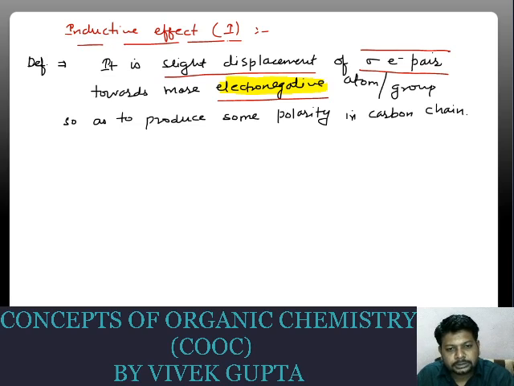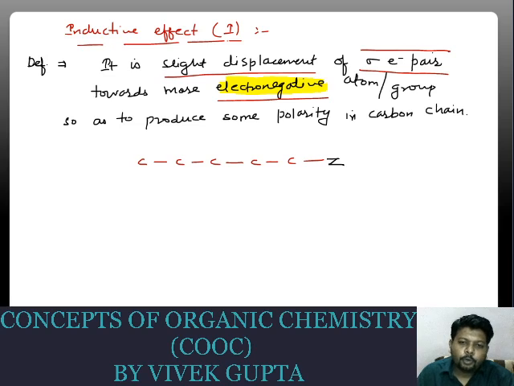Okay, so let's take a simple example of carbon. There are several carbons, and to this carbon suppose we attach a group, namely Z. Z can be more electronegative than carbon, or less electronegative than carbon.